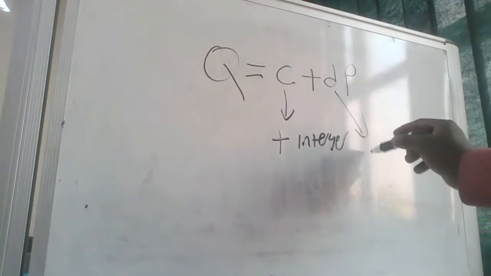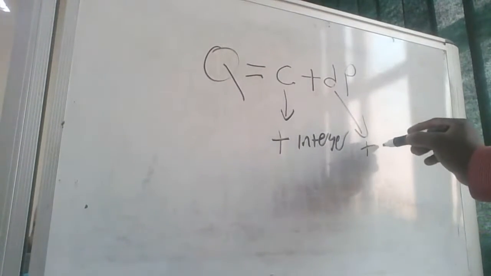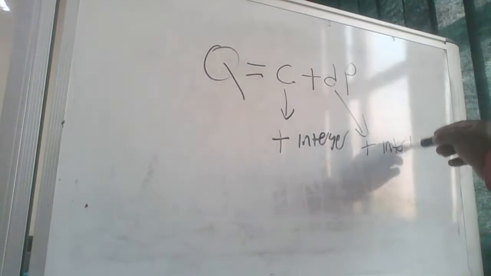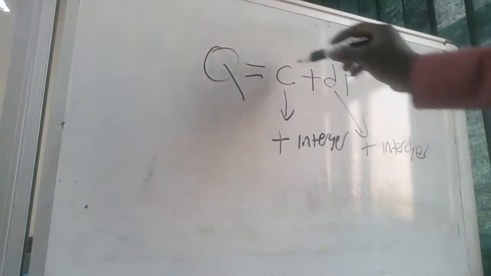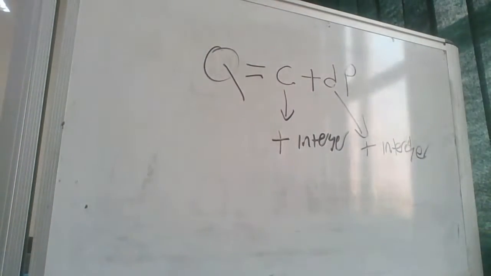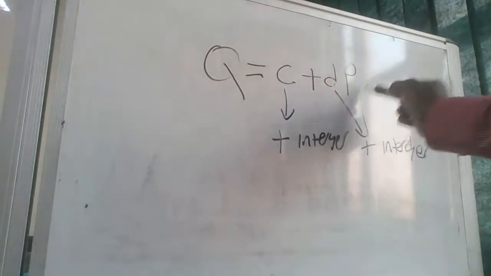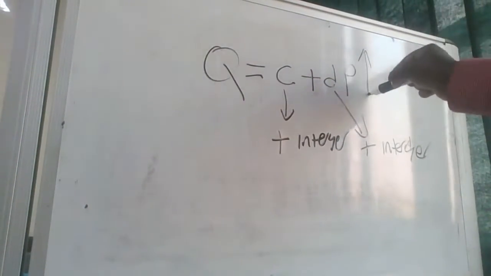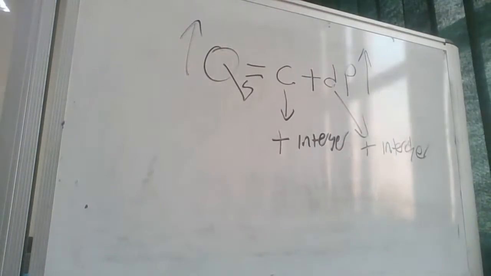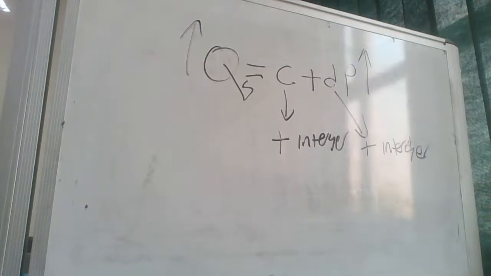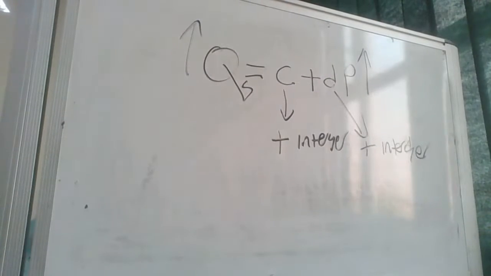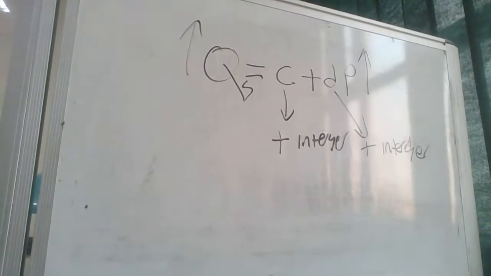D, let's assume it's also a positive real number or a positive integer. So we're assuming that C and D are positive. If these two are positive, it means that the higher the price, the higher will be the quantity supplied on the market, which shows that there is a positive relationship between price of a given commodity and its quantity supplied.